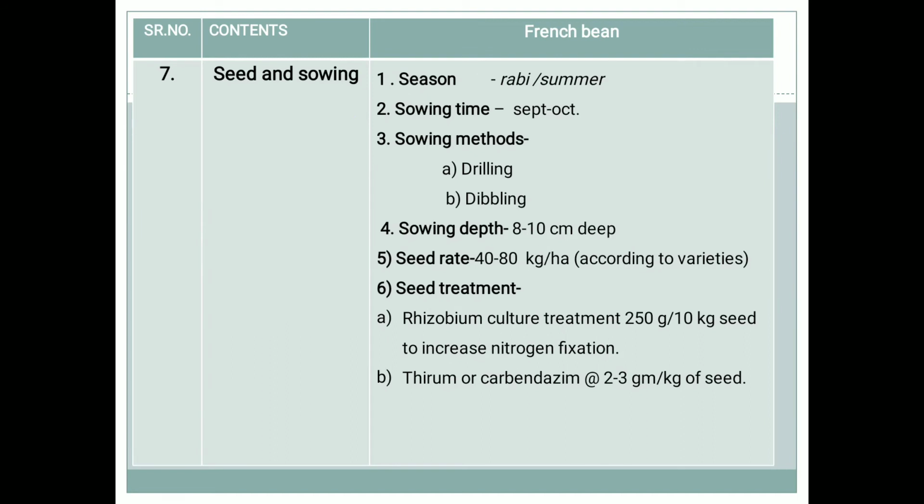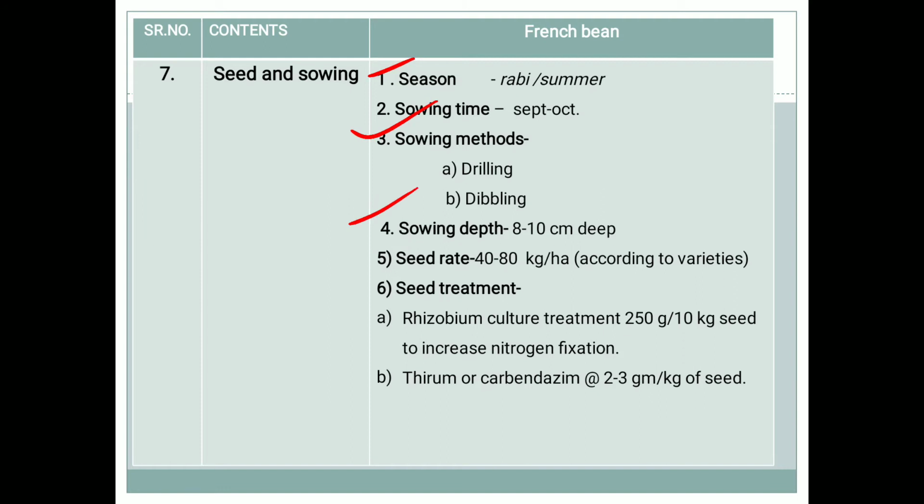Then seeds and sowing. It is grown in Rabi and summer also. In Rabi, September, October, and for summer it is grown in the months of January, February. Sowing method: drilling and dibbling is a proper sowing method for French bean. Sowing depth 8 to 10 centimeter deep.